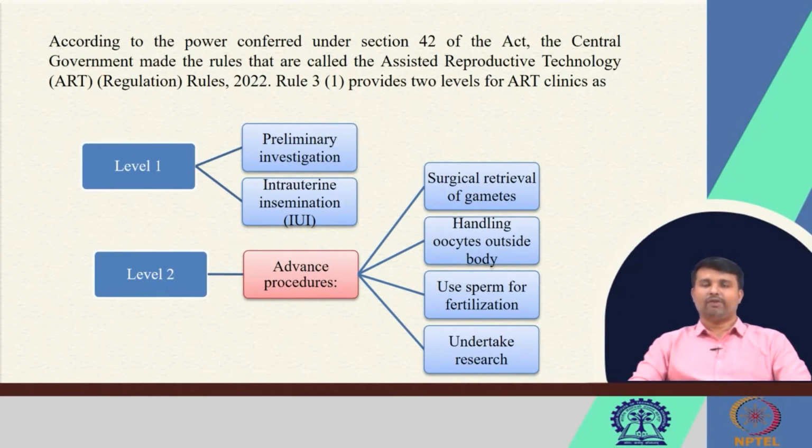Level 1 ART clinics provide the preliminary investigation and intrauterine insemination service of ART technique. The level 2 clinics will provide advanced procedures like surgical retrieval of gametes, handling oocytes outside the body, use of sperm for fertilization, and will undertake research.